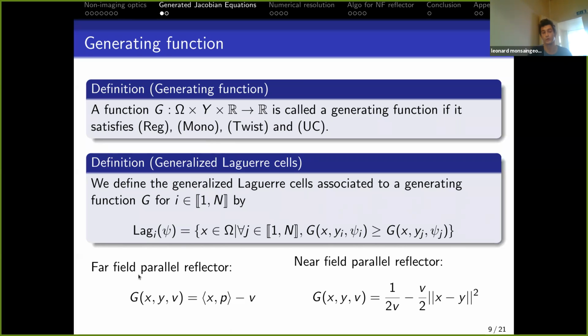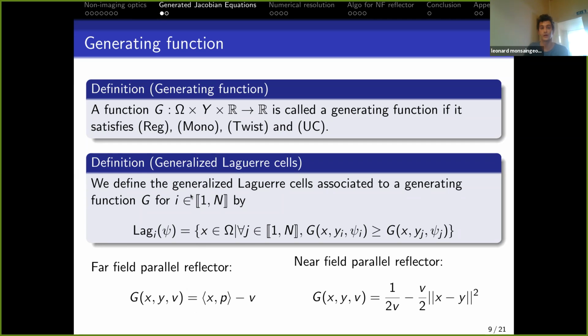So for the far field parallel reflector problem, we had a generating function that was the scalar product. And in the near field case, we had this function. Actually, if we replace the scalar product x scalar p in this formula by a cost function c of x,y, we exactly get the framework of optimal transport.